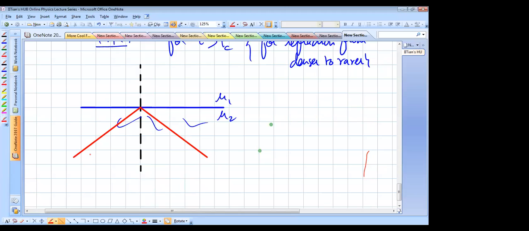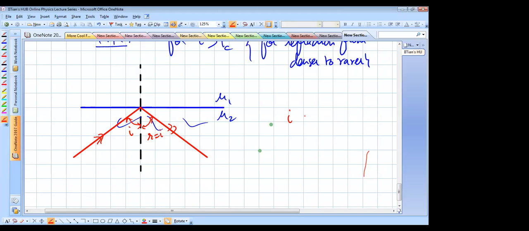Then instead of refracting into the rarer medium, the ray just reflects now. So this angle of reflection becomes equal to this angle of incidence. This angle and this angle are the same.